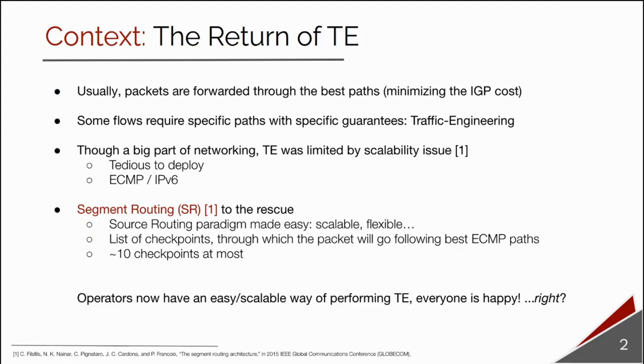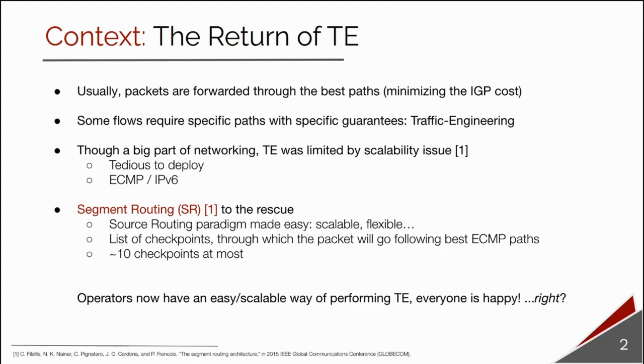Now, there are several technologies that allow you to do traffic engineering, but usually they are pretty tedious to deploy and suffer from scalability issues, which hinder the use of traffic engineering at a large scale. However, now there is a new technology, segment routing, which allows to perform traffic engineering easily while remaining scalable.